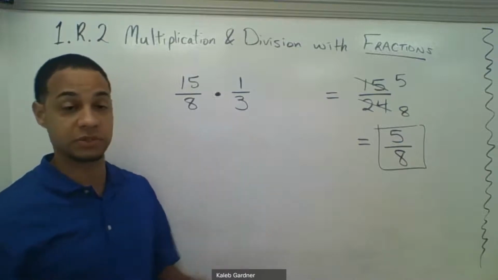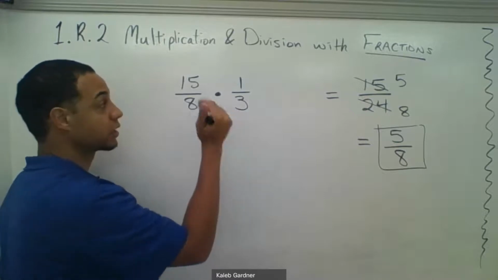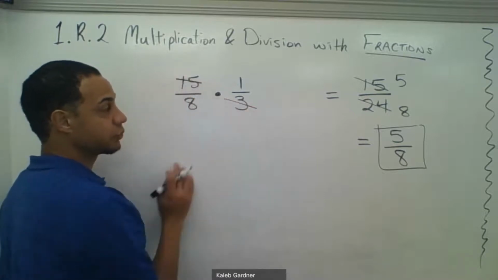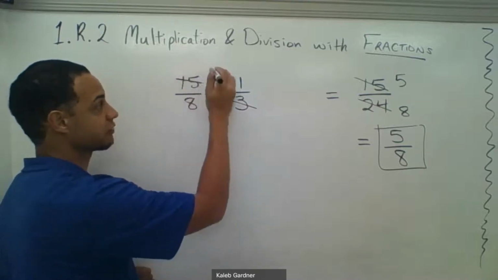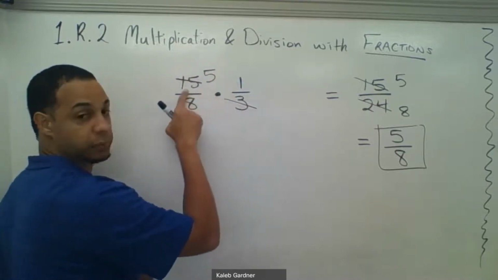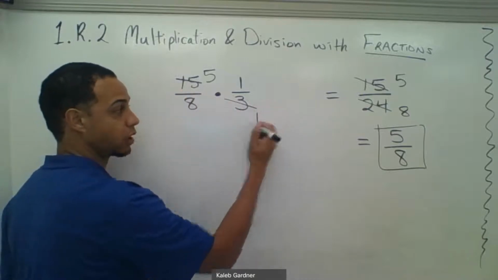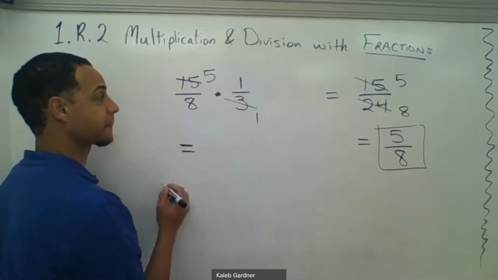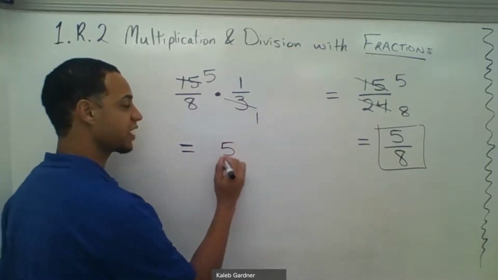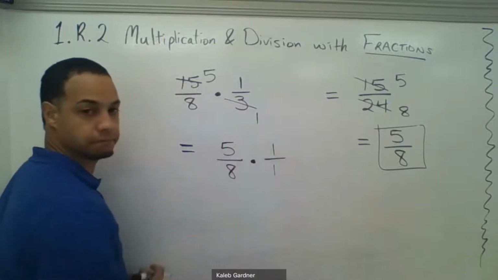So in other words, what I'm saying is this 15 and this 3 can reduce right now. So 15 and 3 reduce by 3. 15 divided by 3, we said is 5. So the 5 will replace the 15. 3 divided by 3 is 1. So the 1 will replace the 3. So now we have 5/8 times 1 over 1.